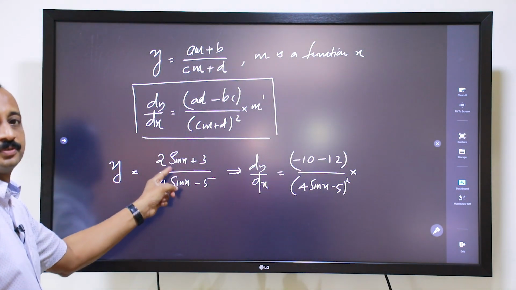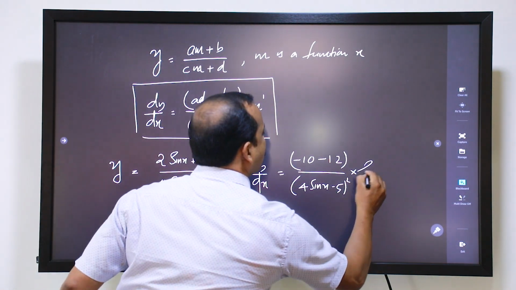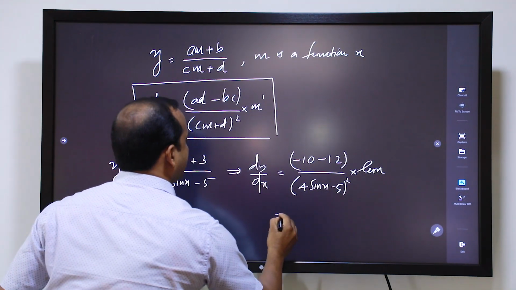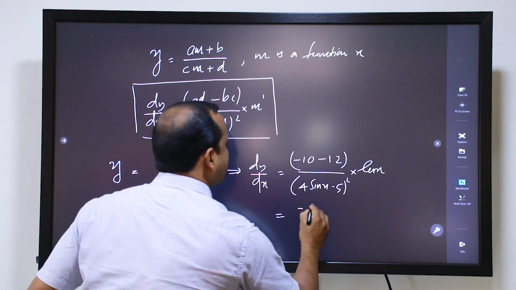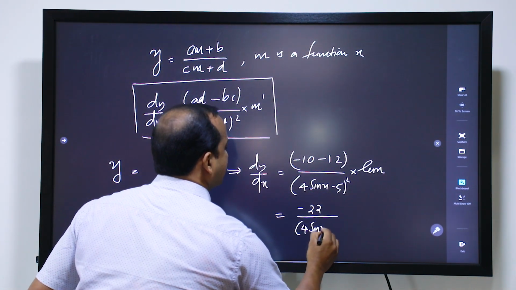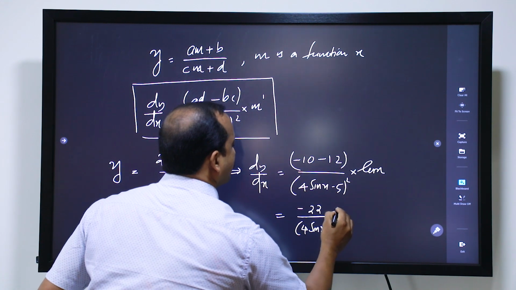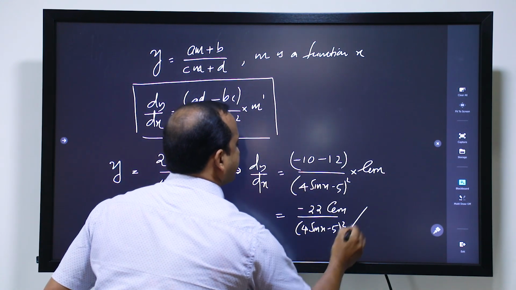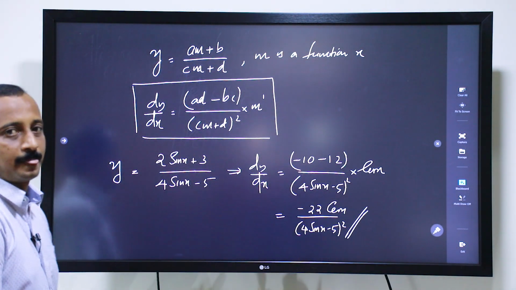Here m corresponds to the function sin x and the derivative of sin x is cos x. We get the answer: minus 22 divided by (4 sin x minus 5) the whole square, into cos x. That's all. It's very easy.